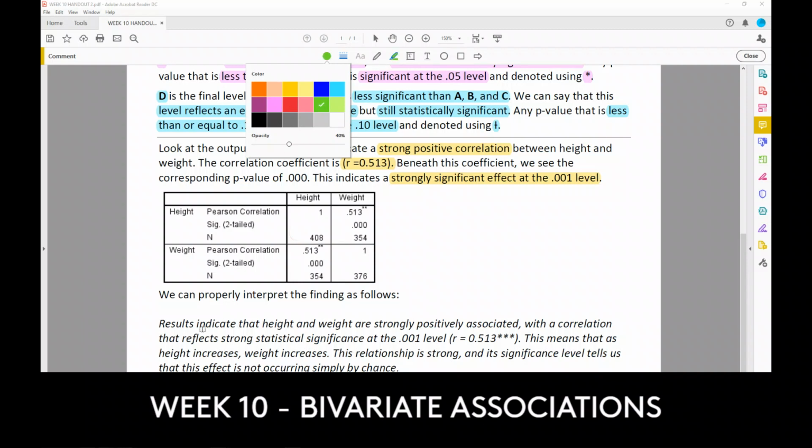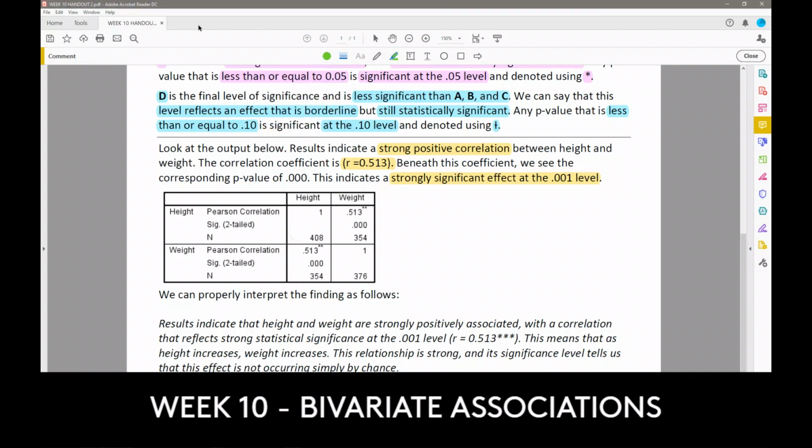You can say results from this output indicate that height and weight are strongly positively associated with a correlation that reflects strong statistical significance at the 0.001 level, okay? And at the end of that sentence, you are to include the information here in parentheses.